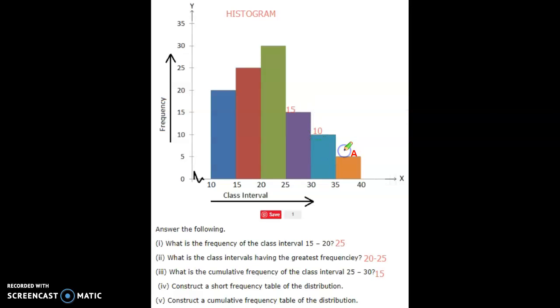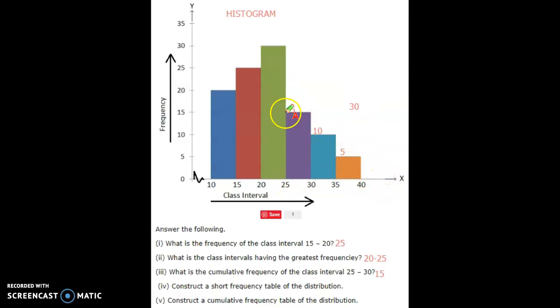And this one, the column would be at 5. So if they asked for the value from 25 to 40, you would add all those up. 15, 25, 30. So total would be 30. Frequency would be 30 from 25 to 40.